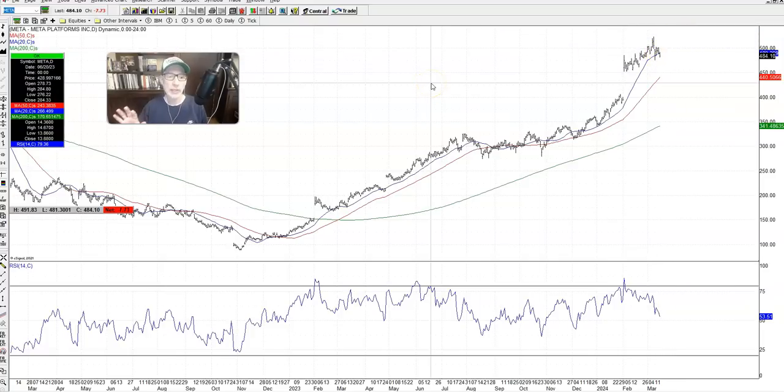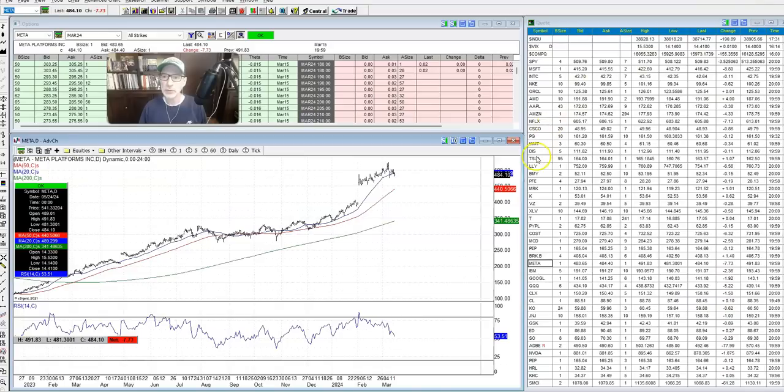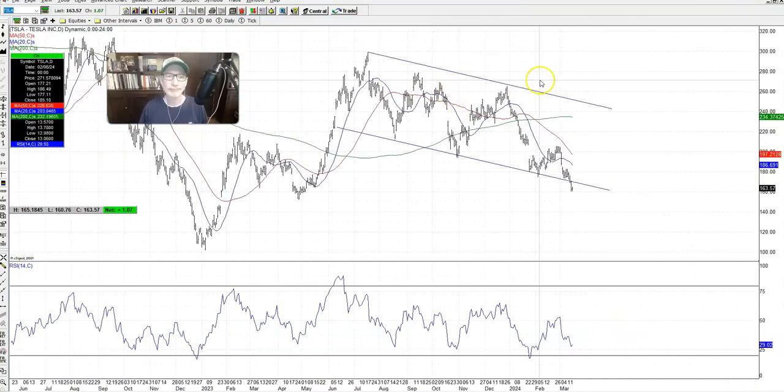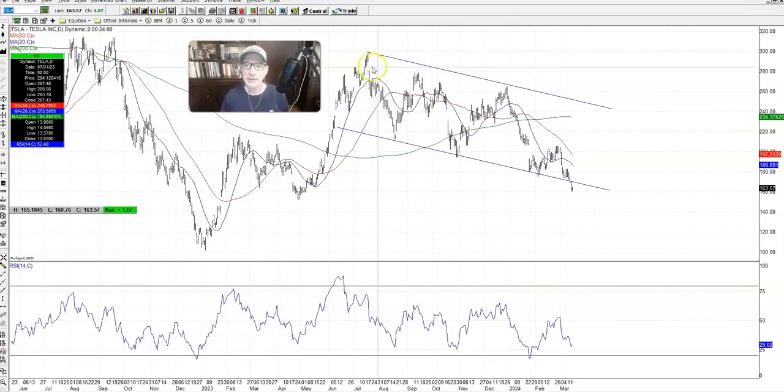So you want to look at these higher probability setups. What else is going on? Some of these other big stocks. Let's run through our list here. Tesla. Let's talk about Tesla, because I've been not so hot on Tesla. It's definitely in a downtrend. The moving averages are kind of all jumbled up, but look, it's popped below the bottom edge of this channel here.